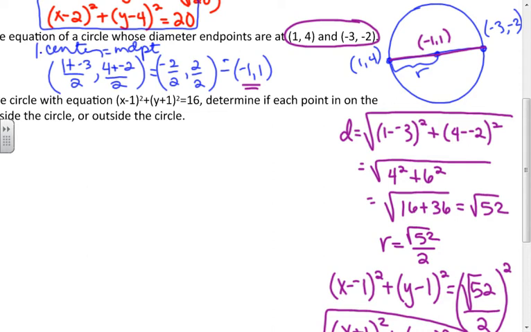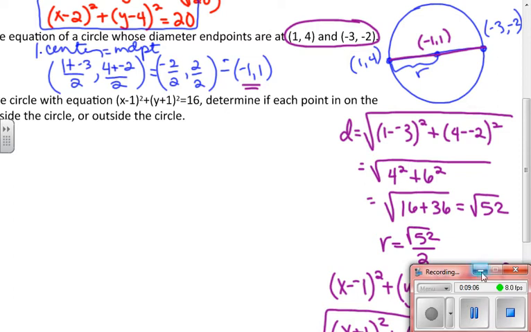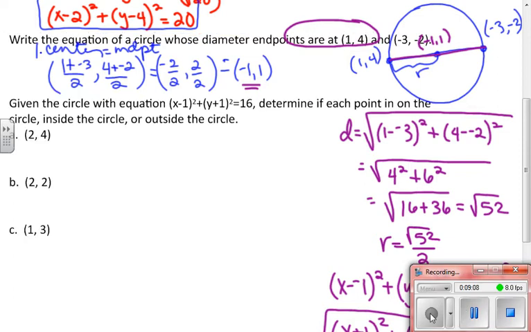Now, if I talk about whether points are on, in, or outside the circle, it has everything to do with how they satisfy the equation. So if this sum, so our equation, ends up being equal to the radius squared, then we are on the circle.